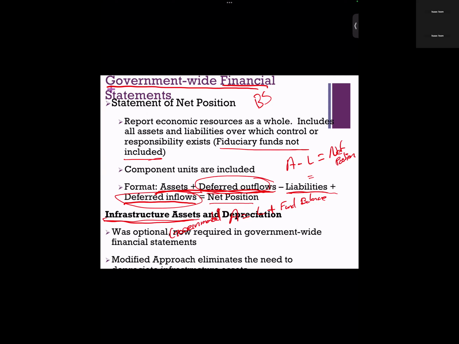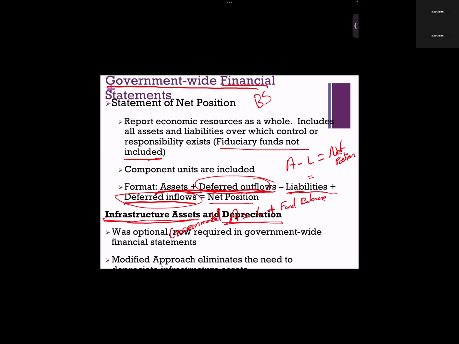Depreciation really doesn't make sense for that asset because it's going to last for a really long time, not indefinite, but it's going to last for a long time. And so what matters more is the condition of the asset and how much we need to spend each year to keep it in a certain condition. Okay. Now that doesn't mean depreciation is not allowed.